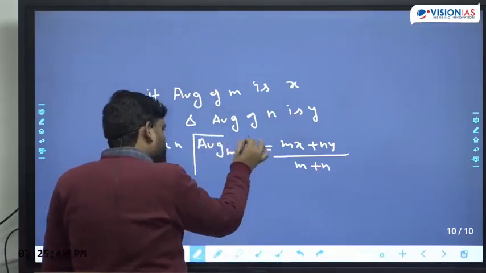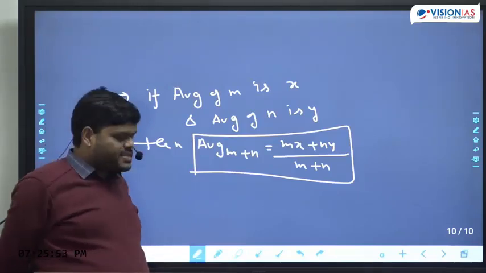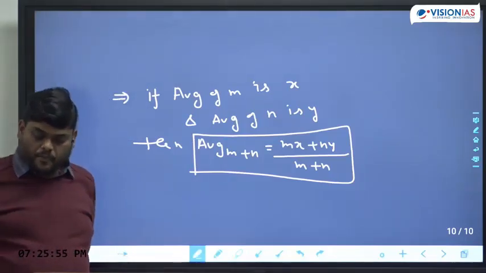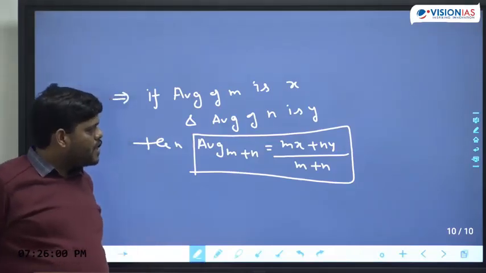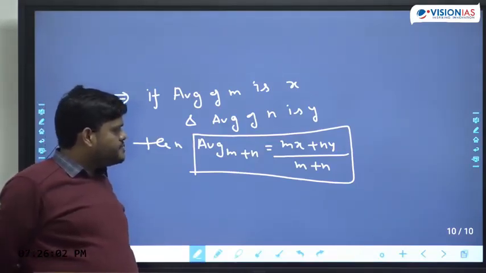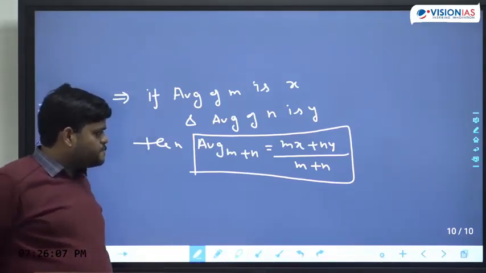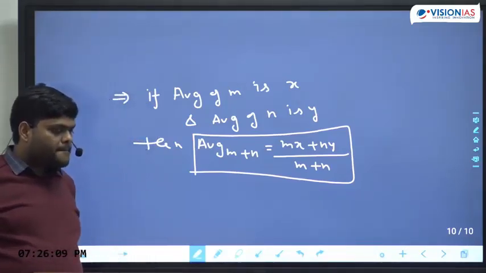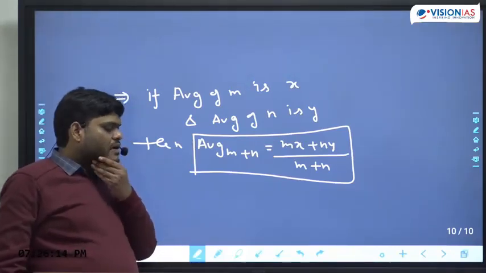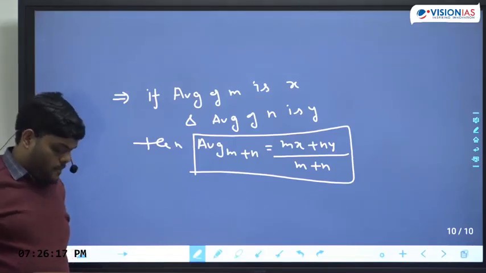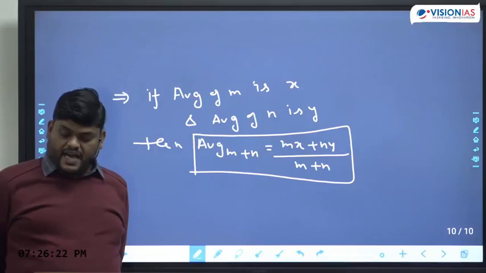You can note it down, then I will explain. Don't worry. If the average of m is x and the average of n is y, then the average of m plus n is mx plus ny divided by m plus n.